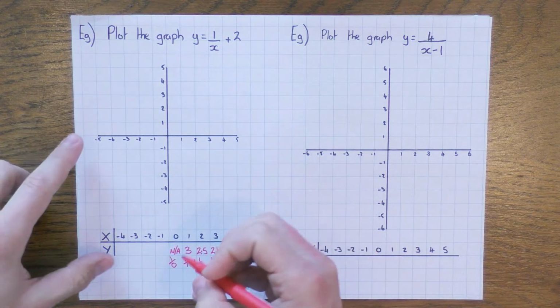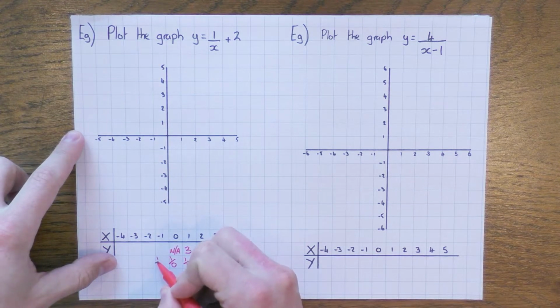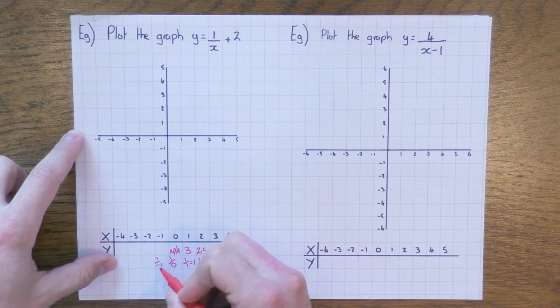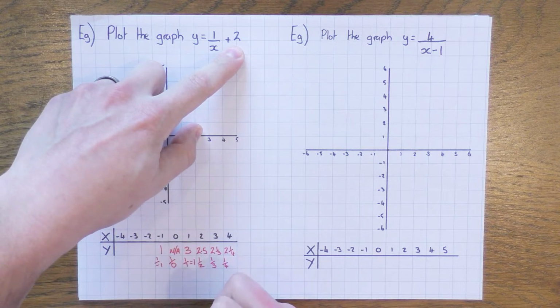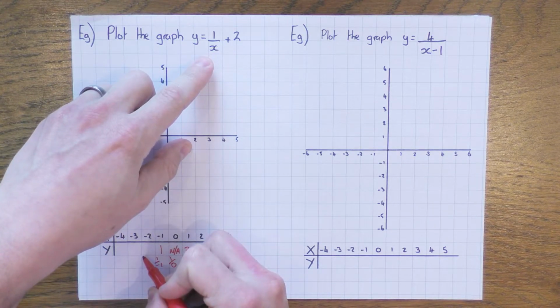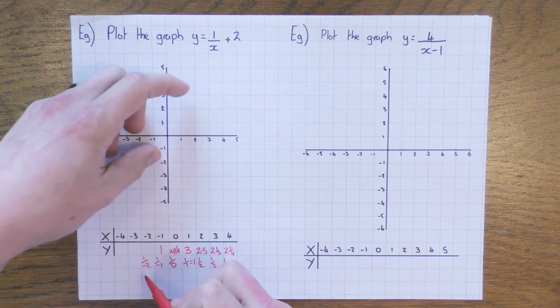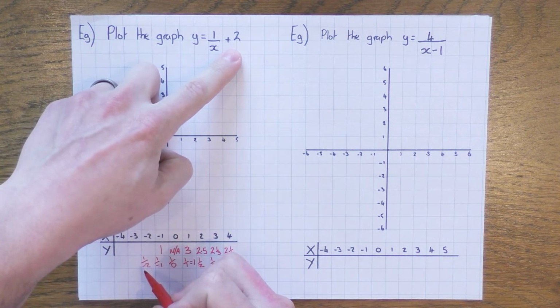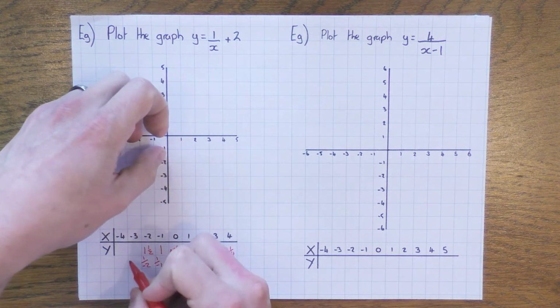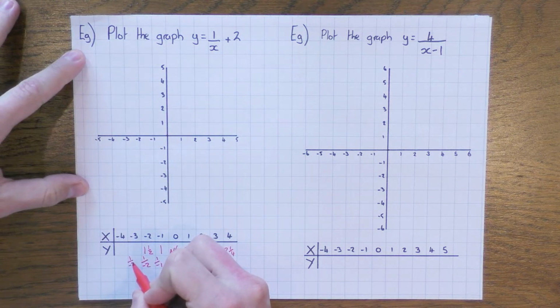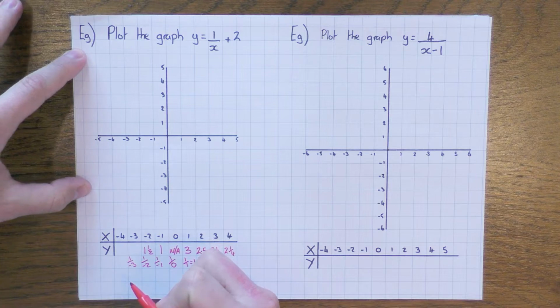And then I'm going to do the negatives. So I'm going to have 1 over minus 1, which will simplify to be minus 1. Then I add my 2, gives me 1. And then I'm going to have 1 over minus 2, so that's going to give me minus a half, plus 2 is 1.5. And then I'm going to have 1 over minus 3, which just gives me minus a third.